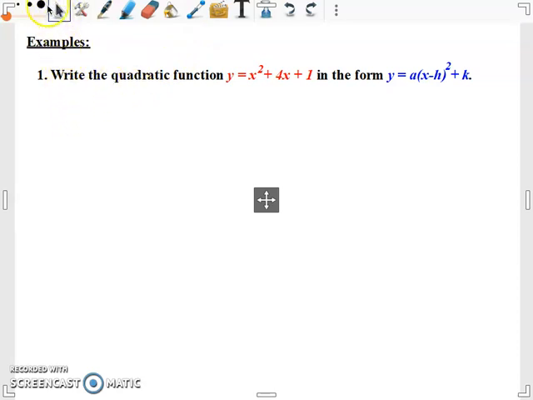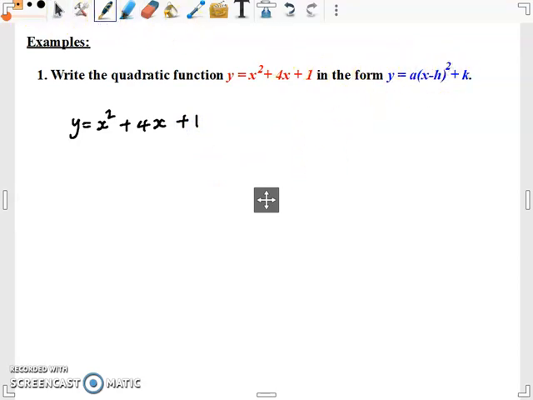And we're going to move into that at the moment. So let us bring the function down here: y equal x squared plus 4x plus 1. We need it in that form.